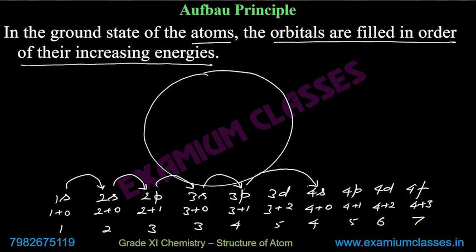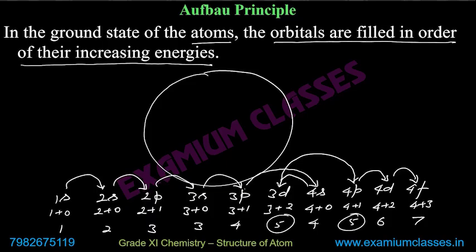So after 4s, it will go to 3d. And 5s, again, this one is higher. After that, it will go to 4p. After 4p, 4d, 4f, normal. So you see the sequence is not as expected. The sequence is rather as per the energies, increasing order of energy.